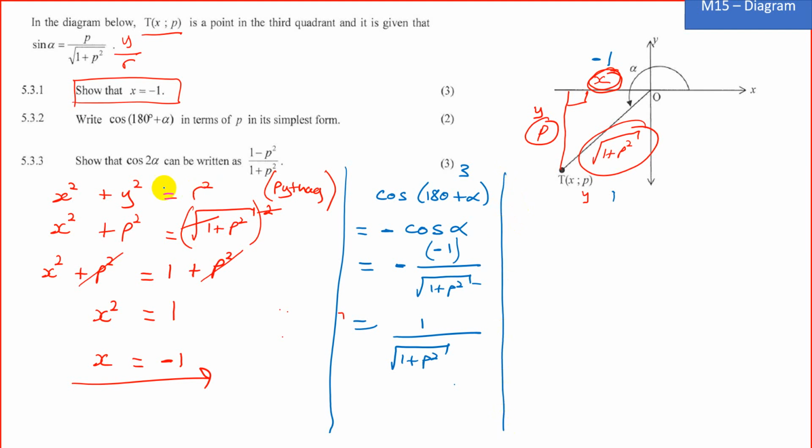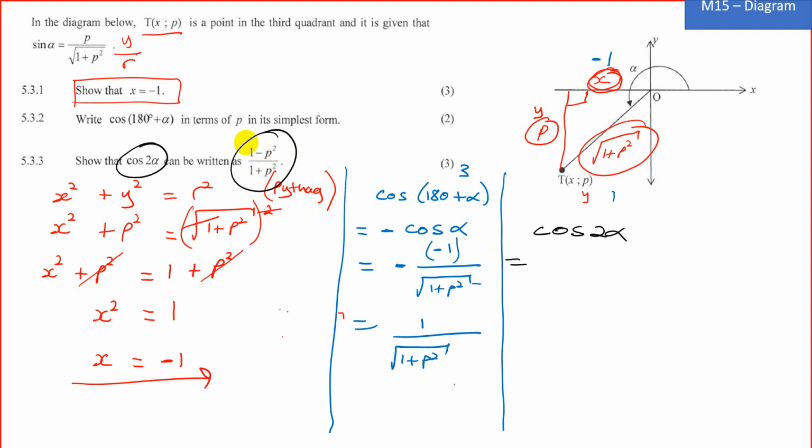We're going to our last question, and I just want to change my color. It wants us to show that cos 2 alpha, so that's our starting point, cos 2 alpha, can be written in the form (1 minus p squared) over (1 plus p squared).